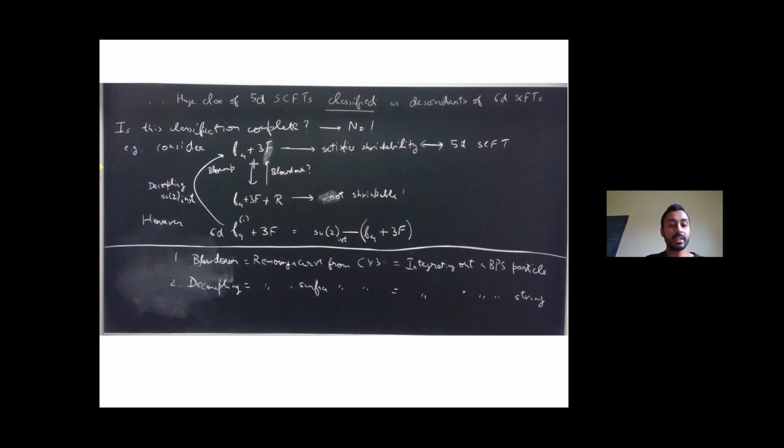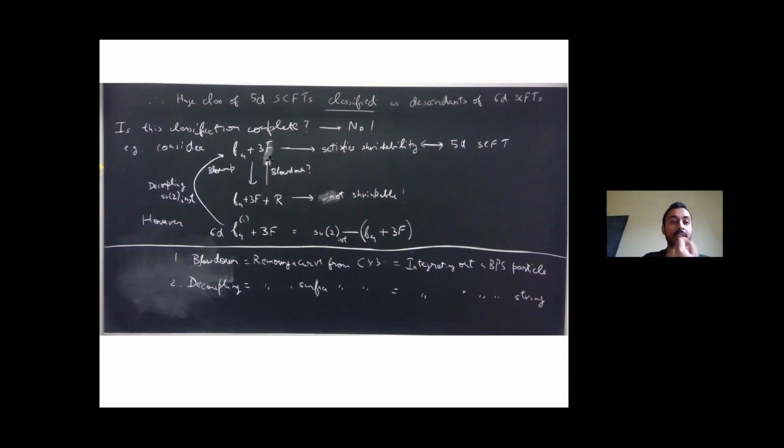And now the question is, does it come from the blowdown of some other Calabi-Yau threefold, which is either shrinkable or sitting at the edge of shrinkability, which is an elliptically fibered one? So in the inverse direction, I'm asking the question, if I blow it up, so I'm going to do some arbitrary blow up on the Calabi-Yau threefold corresponding to this gauge theory.